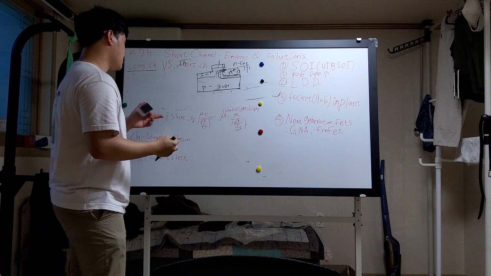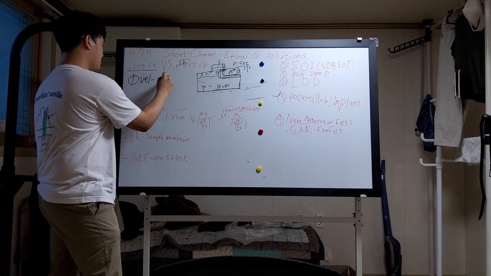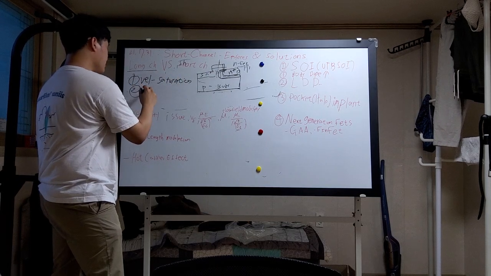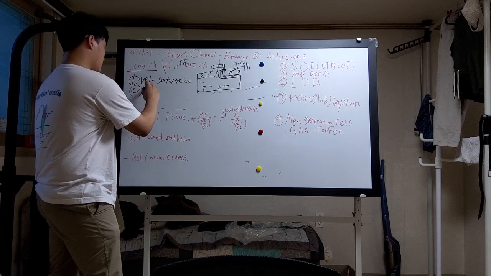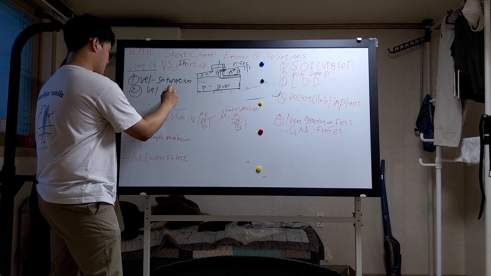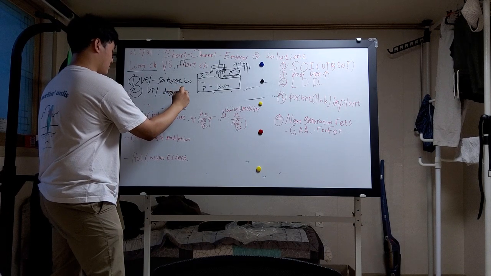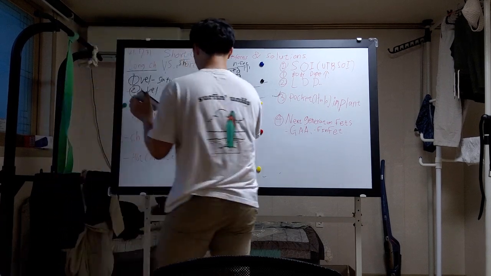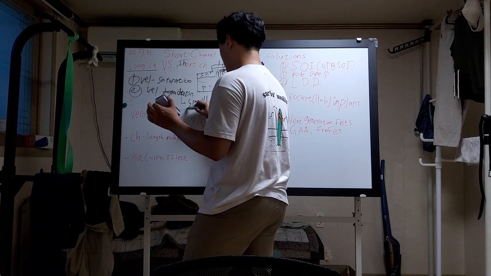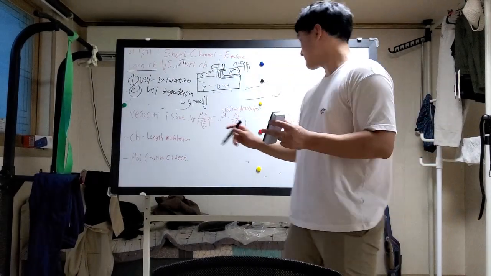So, velocity issues: first, velocity saturation, and second, velocity degradation, or speed going down. So, let's see why velocity saturation happens.